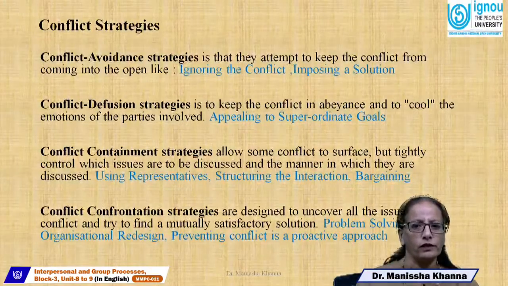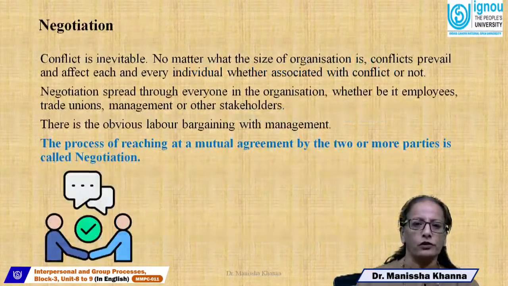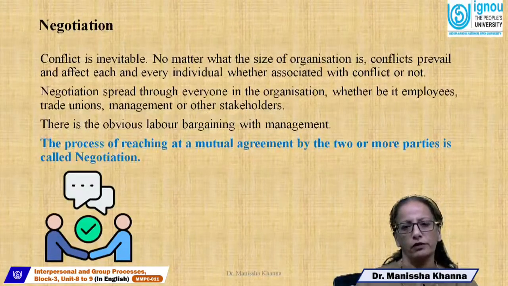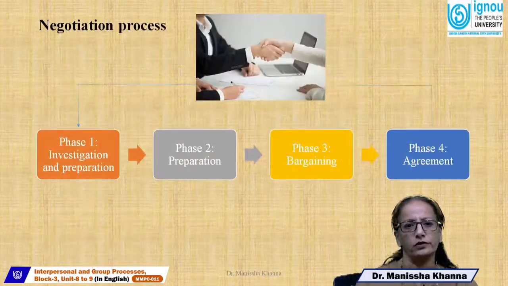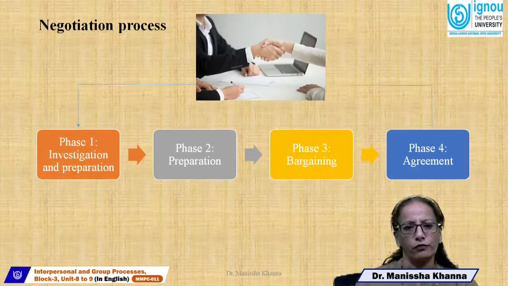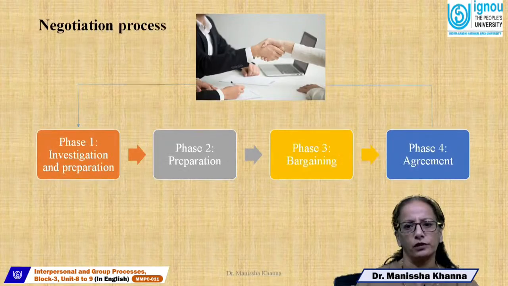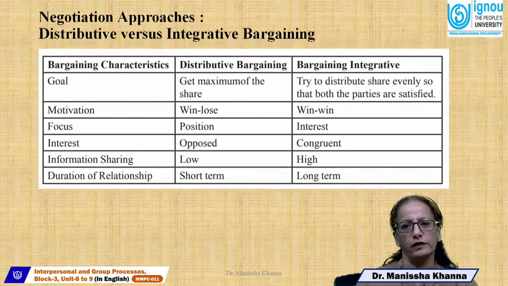Prevention of conflict is a positive approach. Negotiation is a process of reaching a mutual agreement between two or more parties, called the final negotiation. So the negotiation process has four phases: investigation, preparation, bargaining, and finally the agreement.